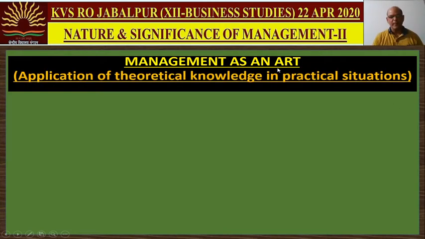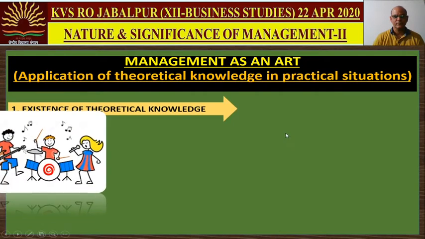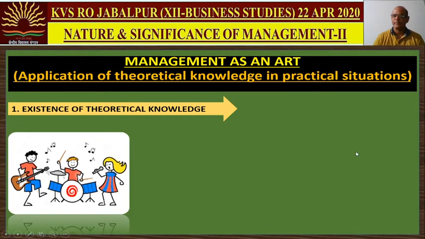Any art is application of theoretical knowledge in practical situations. Art means whatever theory we have learned about anything, applying it in real situations. For example, music has its own theory. Whenever there is a musician, he must be aware of the 7 notes, their families, minor chords, major chords, how the grouping is done, how the compositions are made.